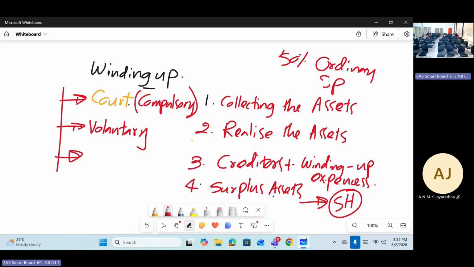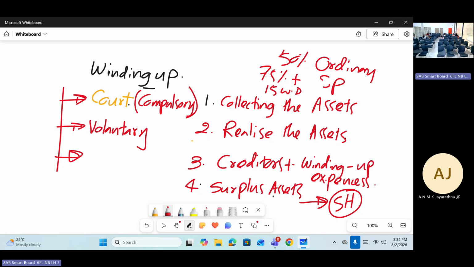And the special resolution is a resolution which is passed by a majority of 75% of votes. Not less than 15 working days notice has to be given. After giving the notice, the meeting is called, and at the meeting, by a majority of 75% of votes, that resolution is passed. That is called a special resolution.